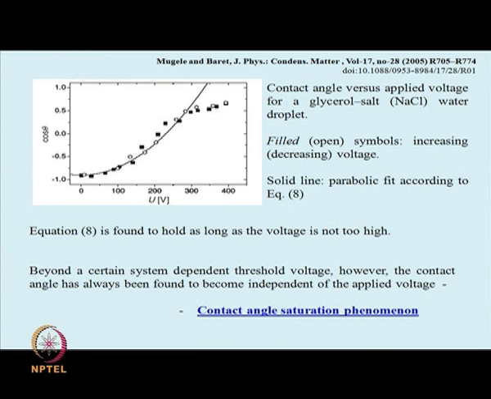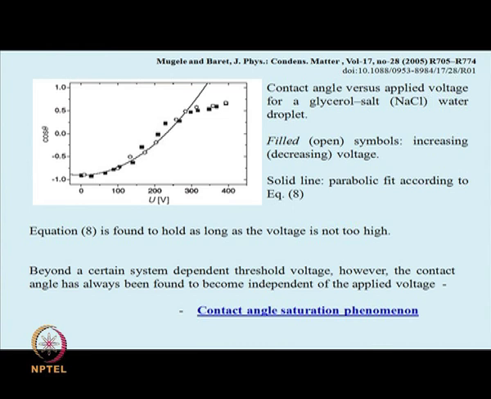But if I increase the voltage beyond that value, then you would see that the contact angle becomes more or less independent of the increase in applied voltage. So, this specific phenomenon is known as contact angle saturation. So, we can go only up to certain voltages, and beyond that it would be either dielectric breakdown or contact angle saturation.